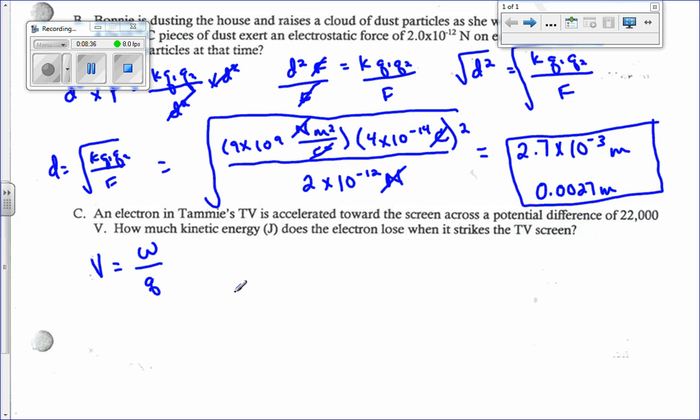Alright, are we given voltage? Yes, 22,000 volts. Are we given work? No. We need to solve for work. Work is the same thing as kinetic energy. It is measured in joules. Are we given charge?